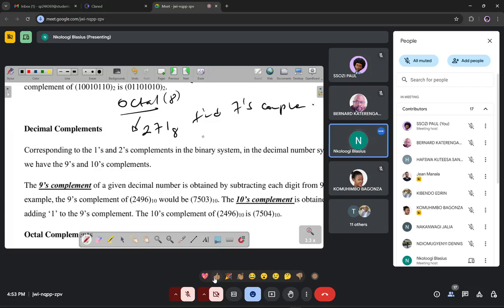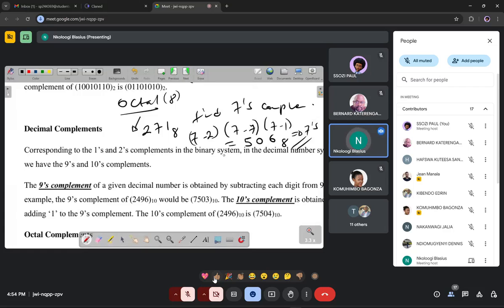What I would do, I would subtract each of these digits from 7, like this. And then the answer would be my sevens complement. This will be 5, this will be 0, and this will be 6, base 8. This is my what? Sevens complement.